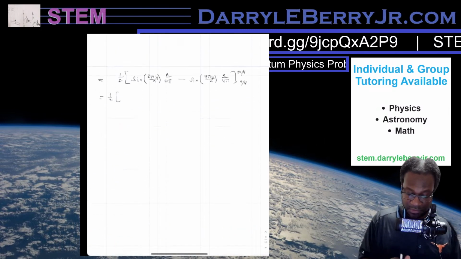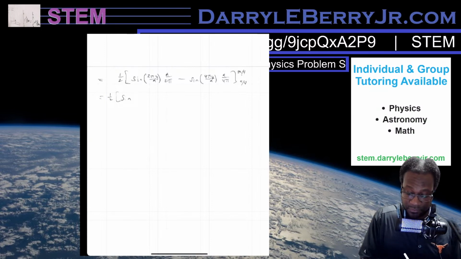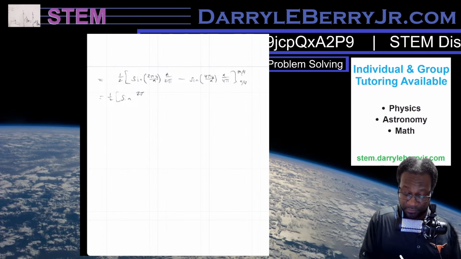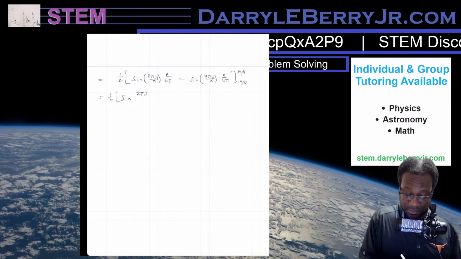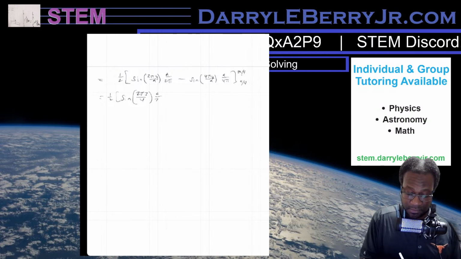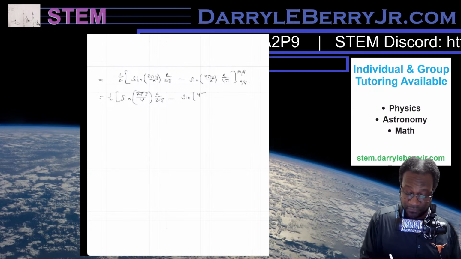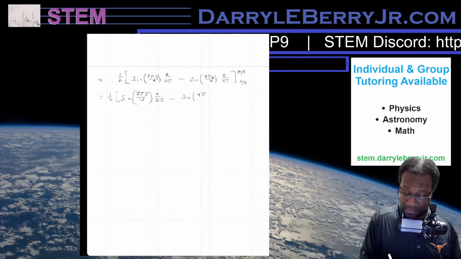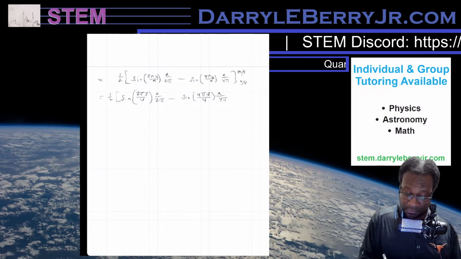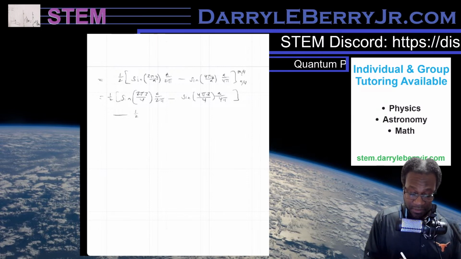Take notice. So we have sine 2 pi, and the a is going to disappear, 3 over 4, minus sine 4 pi, 3 over 4, minus 1/2.